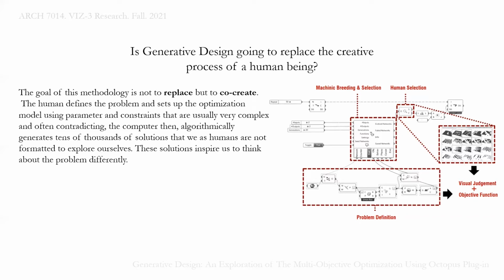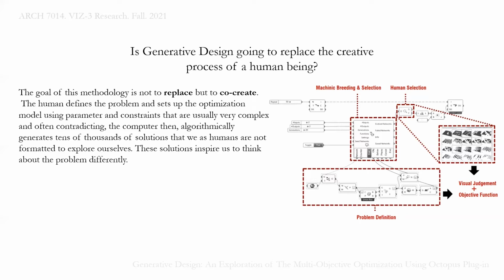The computer then algorithmically generates tens of thousands of solutions that we as humans are not formatted to explore ourselves. These solutions inspire us to think about the problem differently.